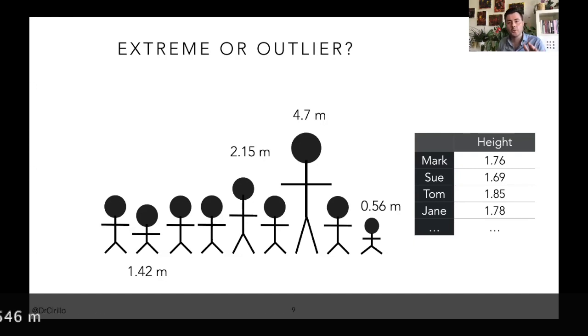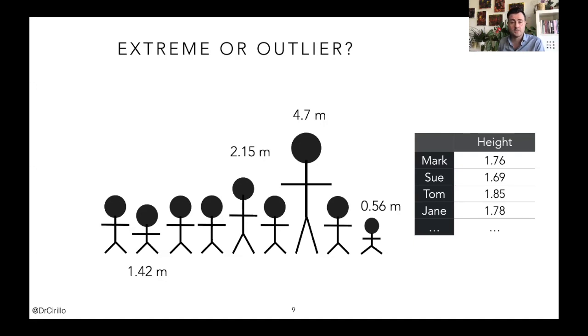I totally agree with you that this is extremely rare, so it's not something that we observe every day. Nevertheless, if you look at the frequency of this type of observation, so the number of people that are shorter than 1 meter, you will find out, to your big surprise, that their number is larger than what you might think, because we tend to make inference on the basis of what we observe every day around us.